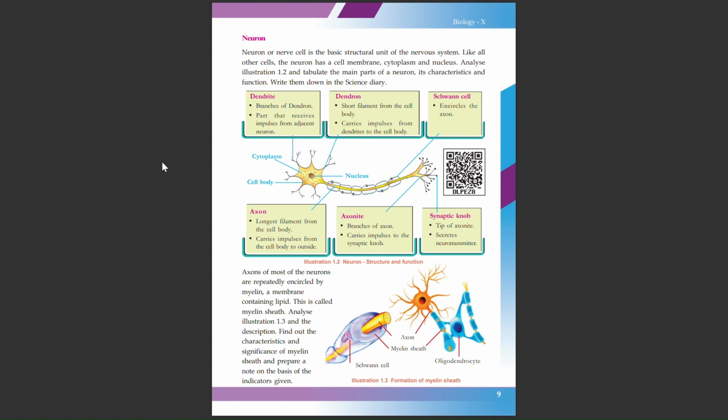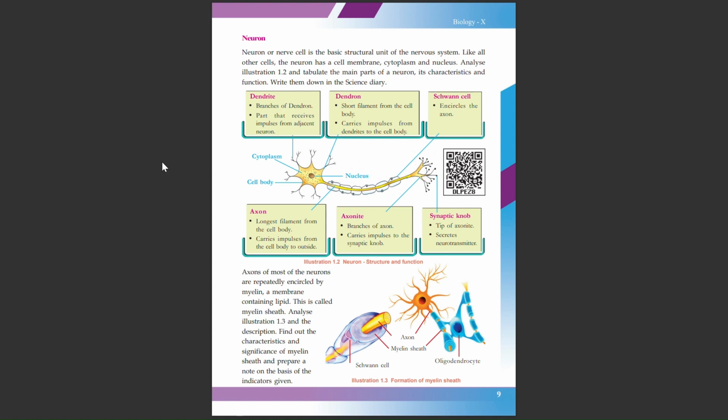Okay, we'll see what happens here. Each and every part's details we'll see. So here comes the dendrite. Dendrite is a branch of the dendron and the part that receives impulses from an adjacent neuron. Just like I said, it's very easy to remember. One thing is it is a branch of the dendron.